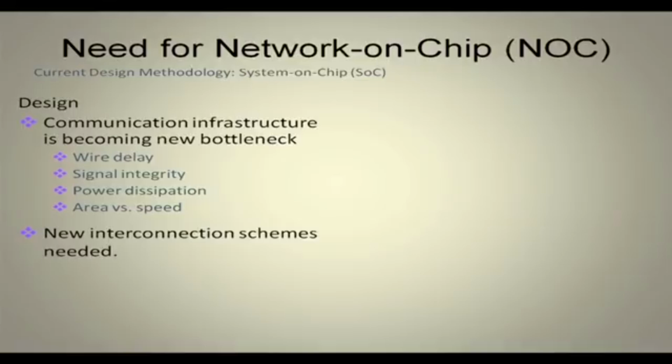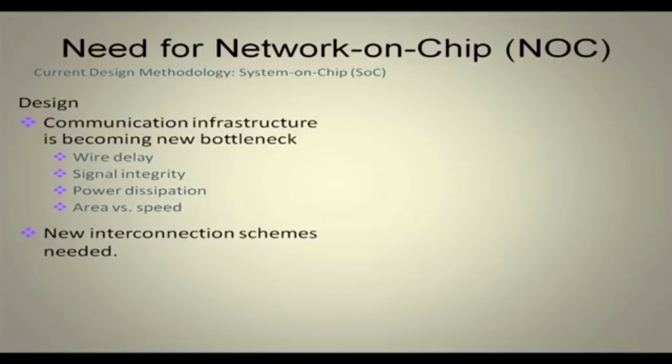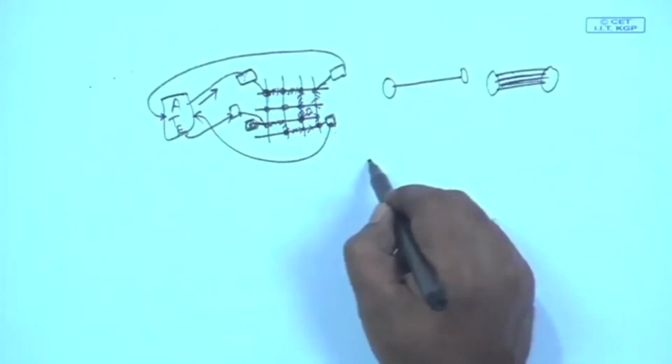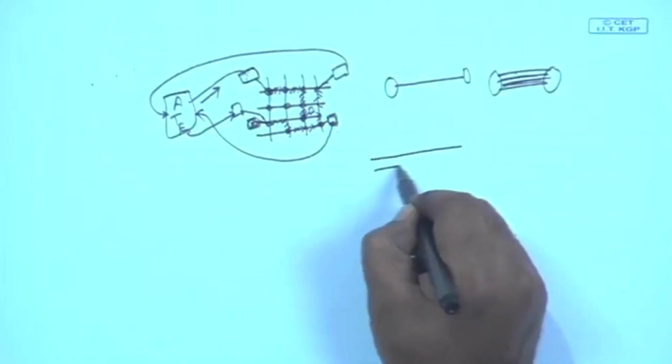Wire delay is one issue, that is the delay from source to destination; serial communication is out of the question. If we have point to point parallel connections, then establishing connections between all the cores takes a lot of wire delay. Then signal integrity. Signal integrity means, as I was telling, that due to a transition in one line, the value on some other line may be changed.